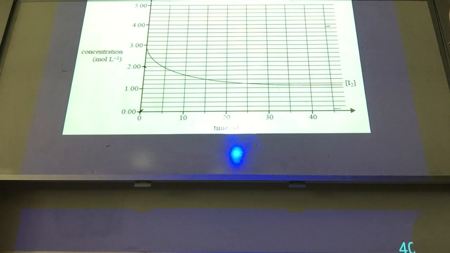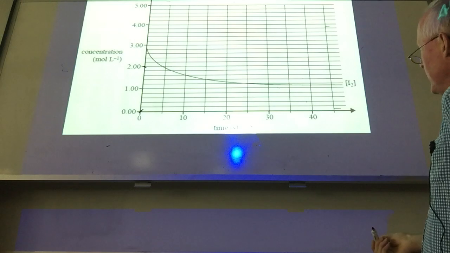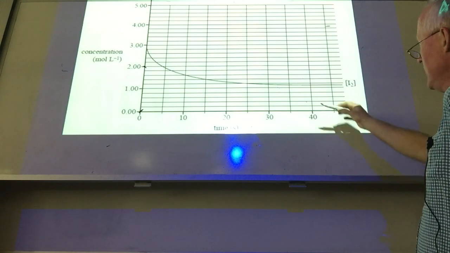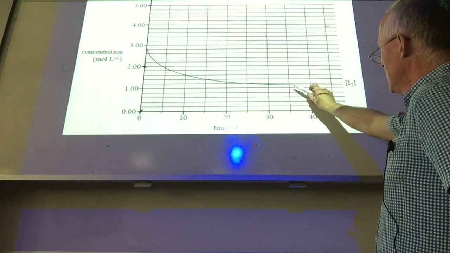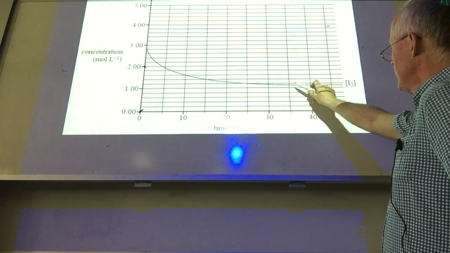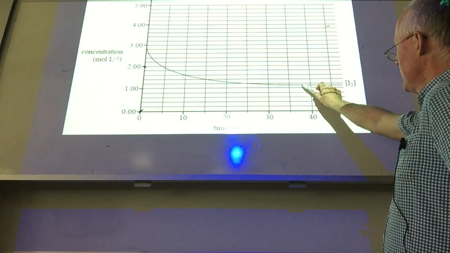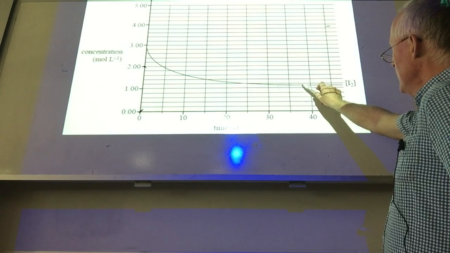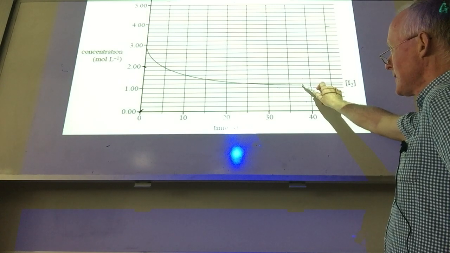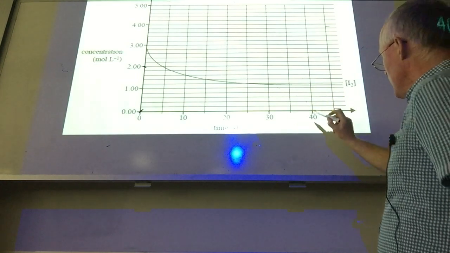The really important thing to do is to make sure they reach equilibrium at the same time. Now, where does the iodine graph reach equilibrium? Well, pretty much between 35 and 40 is when it becomes perfectly horizontal. So we're going to need to do exactly the same for these two.